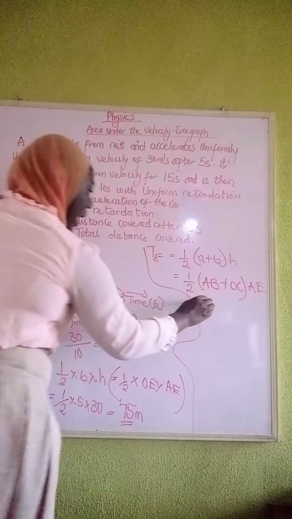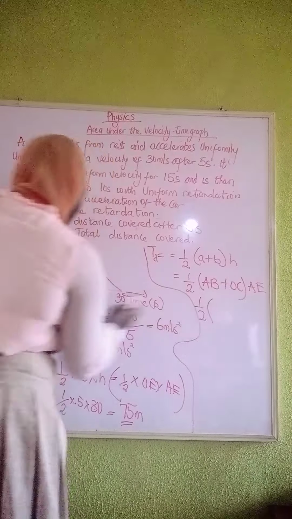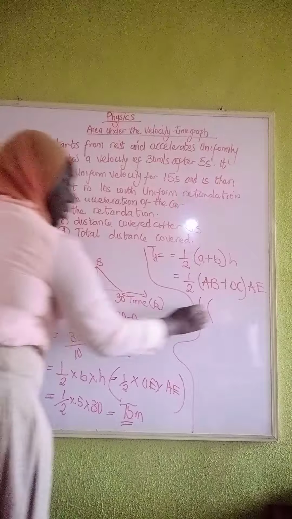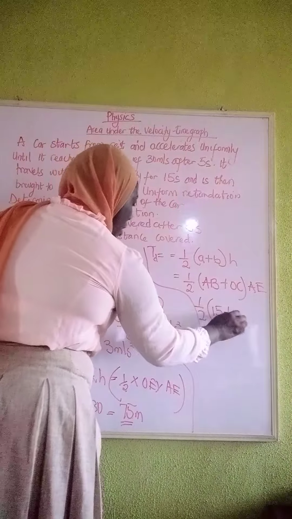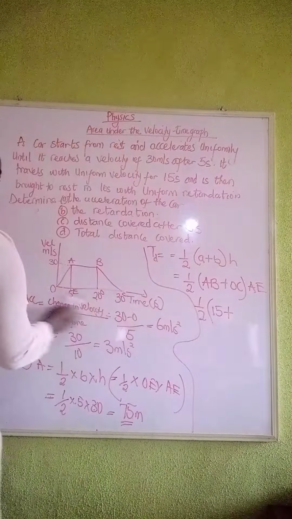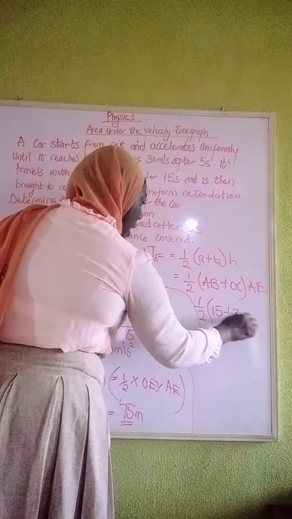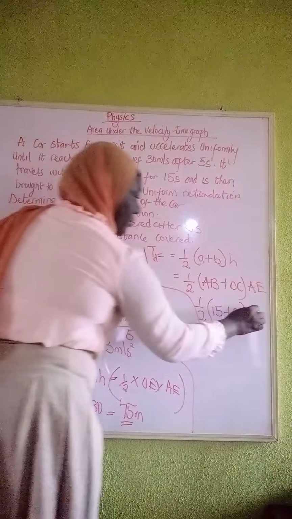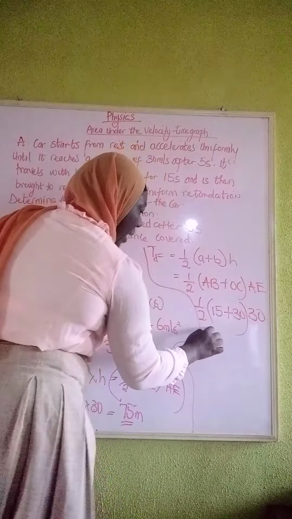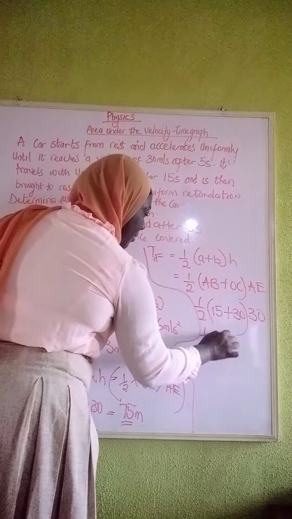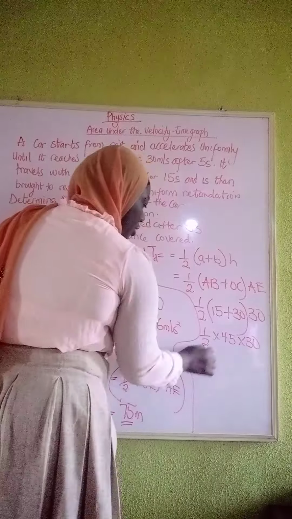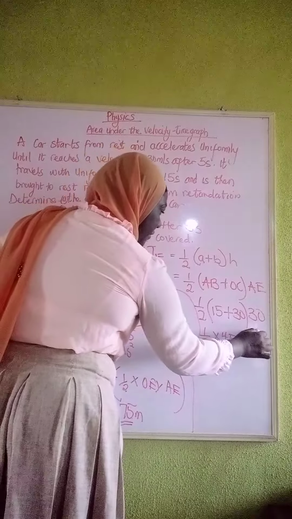Now let's go. Half. What is our A here? 20 minus 5 will give us 15. What is our OC? From here to here, that's 30. And what is our AE? 30. So here we have half times 45 times 30. Half of 30 is 15.